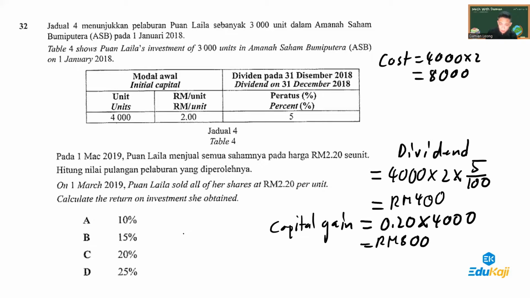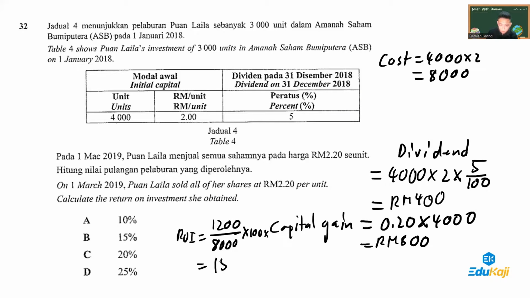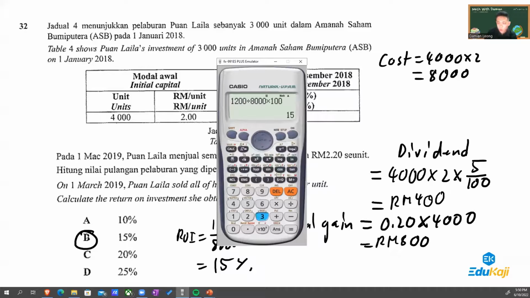So means the return on investment is how much you gain? 800 plus 400, 1,200 over the capital, then times 100% to put in percentage. 15%. Yeah, answer is B. If I take 3,000, then I will get 300.